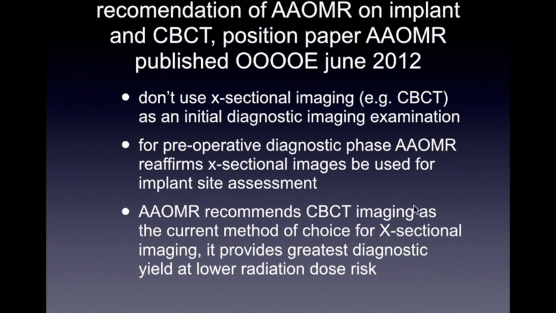That's why cross-sectional images gathered from CBCTs are an important tool, even as a preoperative diagnostic for implant site assessment. And that is where, up till now, it is highly recommended.